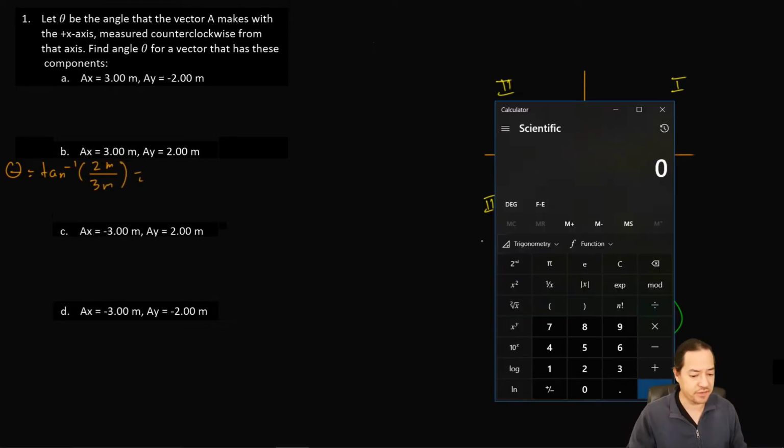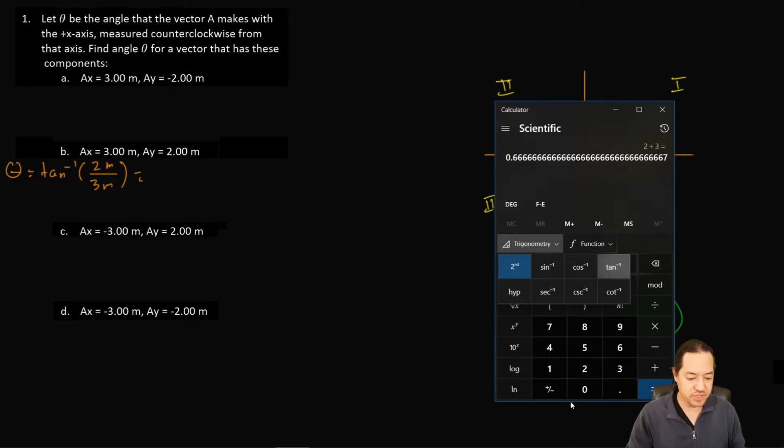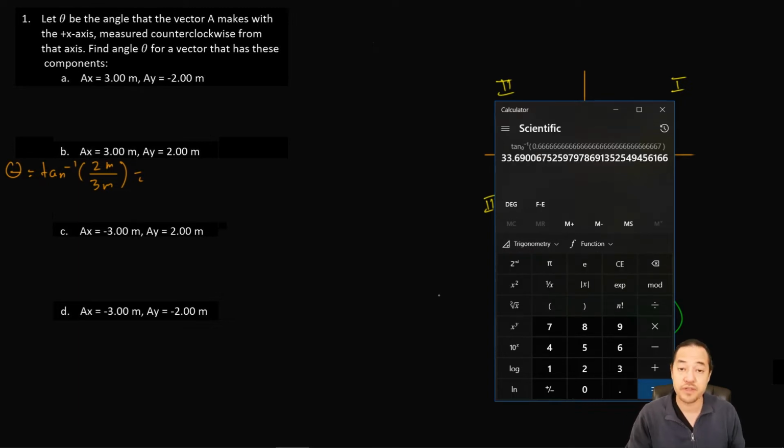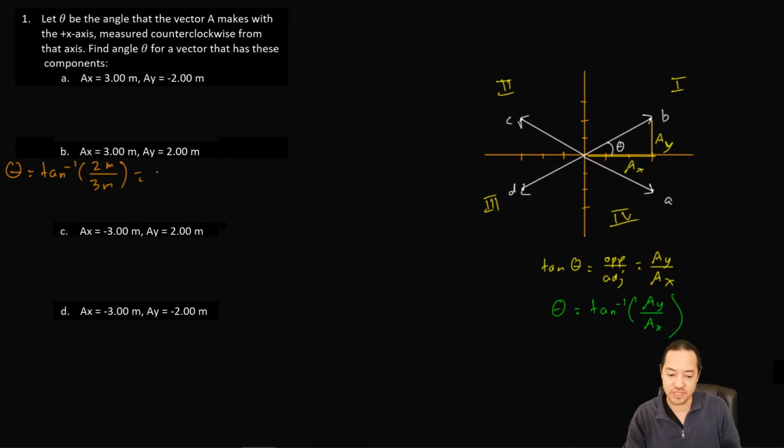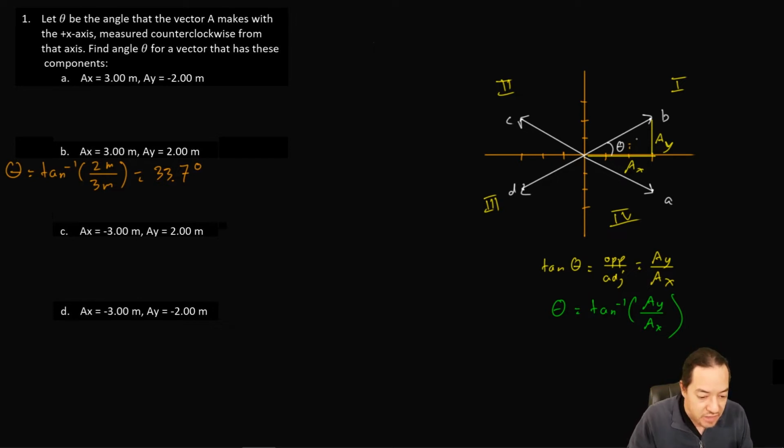Let's bring out our calculator, and we'll get 2/3, and then we take the inverse tangent of that. We get an angle of 33.7 degrees. And does that look reasonable? Does this look like 33.7? Yeah, it does. That looks pretty reasonable. Okay, so good. Our formula is working. We're getting an answer here.